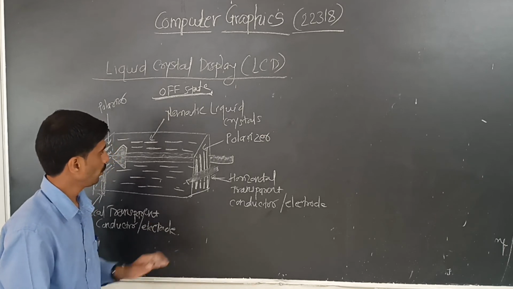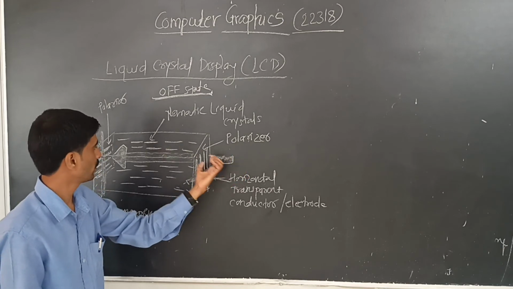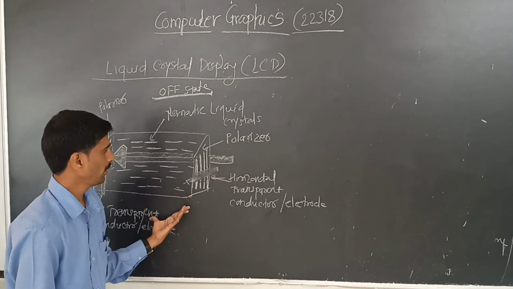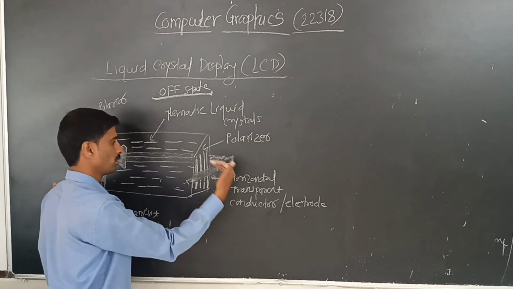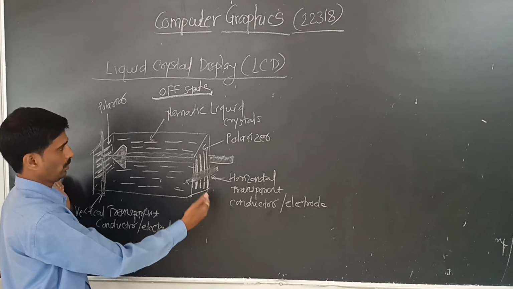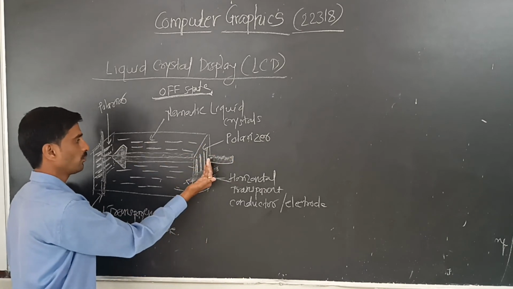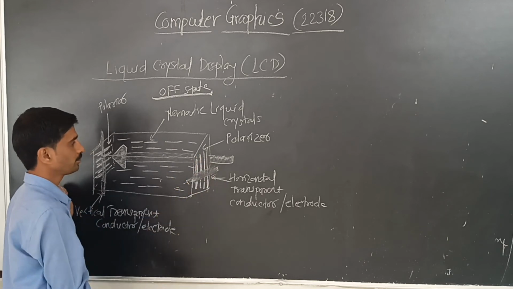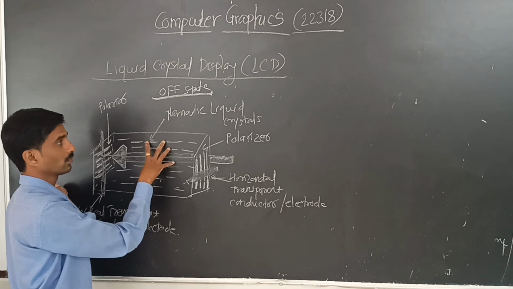Here an external light source is used to generate light. The light enters from the first polarizer, the vertical polarizer, and enters the nematic liquid crystal.